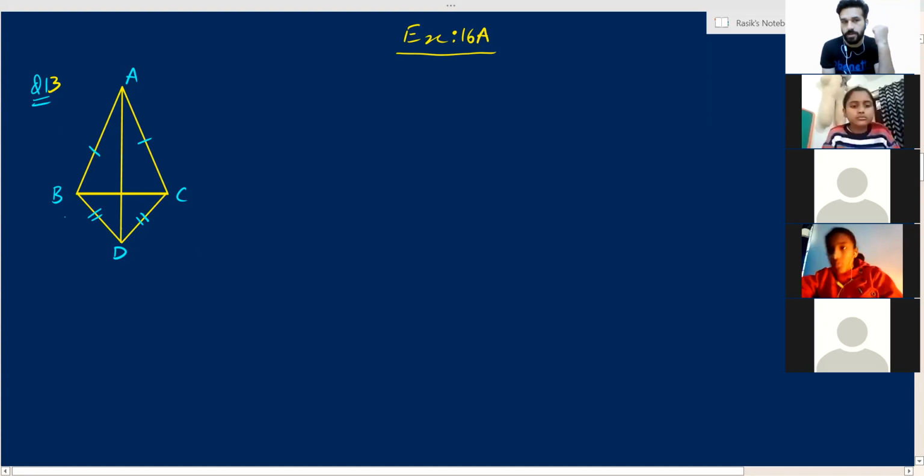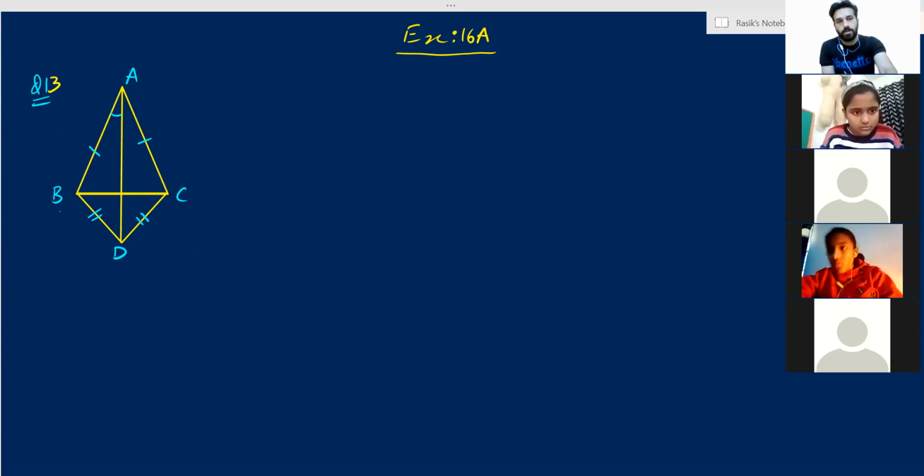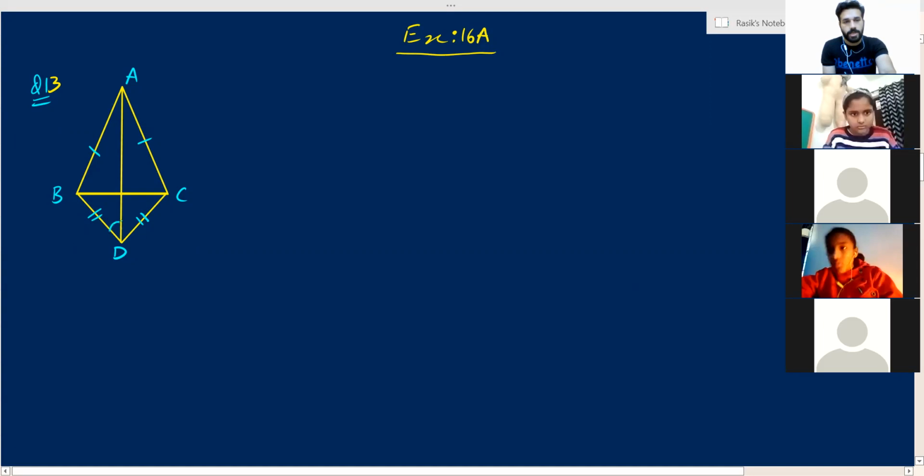That means we have to prove that these two angles are equal. That means AD has bisected angle A and also it has bisected angle D. This is what we have to prove, that the two parts of angle D are equal and the two parts of angle A are equal. Okay.